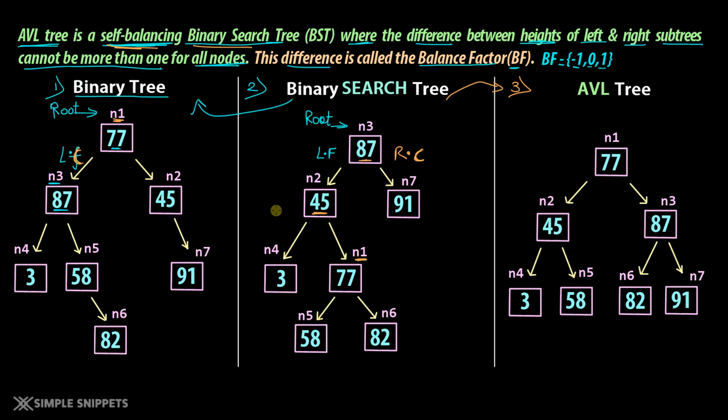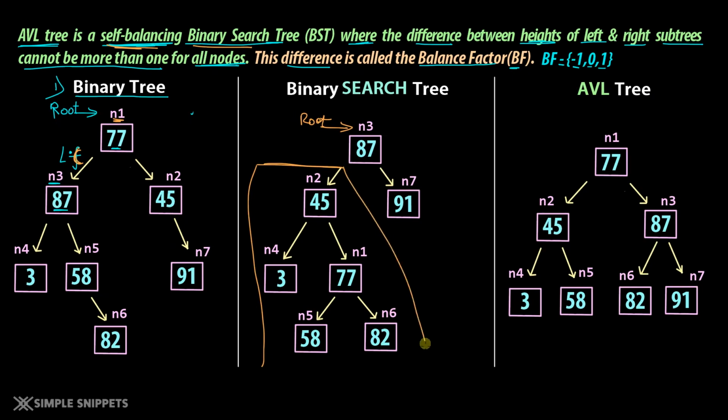How do you calculate or figure out whether it is balanced or not? We've already discussed this in a previous tutorial in detail, but just to give you a brief, what you have to do is calculate the height of the left and right subtree and take a subtraction between the two. So for example, for this root node n3, this is the left subtree and this is the right subtree, correct?